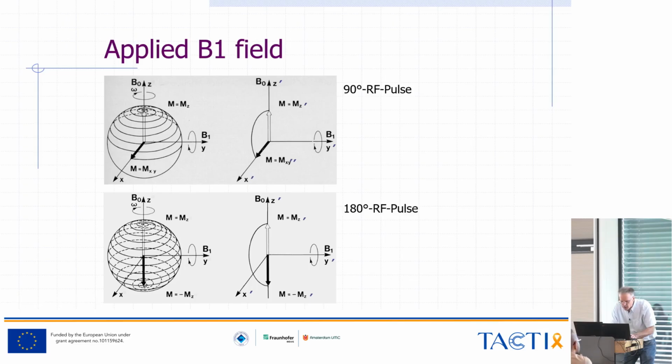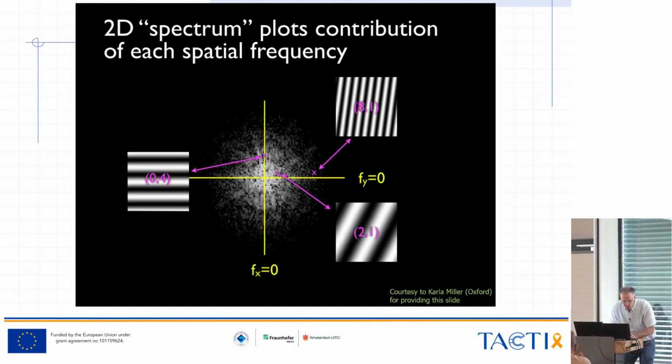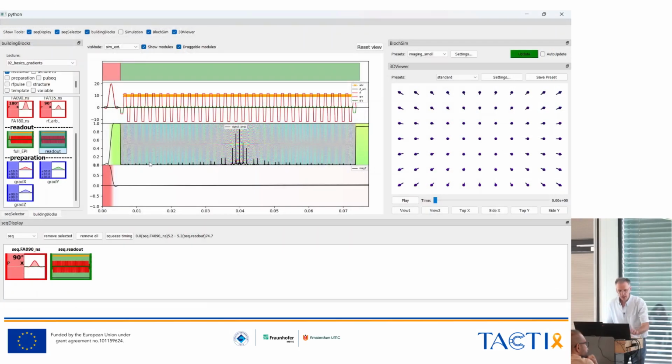Where's K-space? Yeah. So if you remember, we do have the highest signal in the center, and then it falls off for the finer stripe patterns, so for the higher frequencies, and that's exactly what we are seeing in the simulation part here as well.